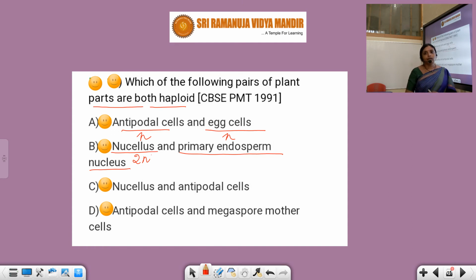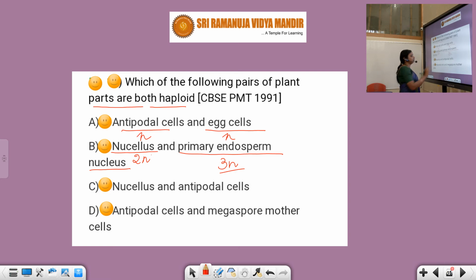And how is the primary endosperm nucleus formed? After fertilization, the remaining second male gamete fuses with the central cell, and the central cell is formed by the fusion of two polar nuclei. So here 3 nuclei are fusing. So primary endosperm nucleus is in 3n condition, not even diploid. It is triploid.